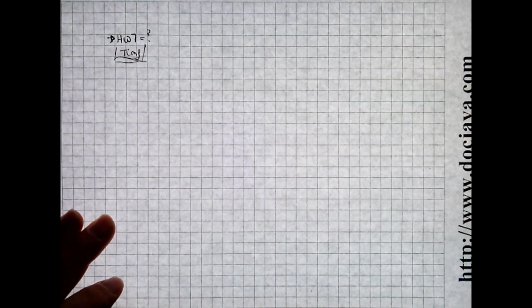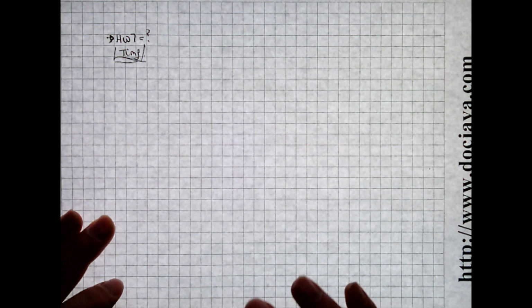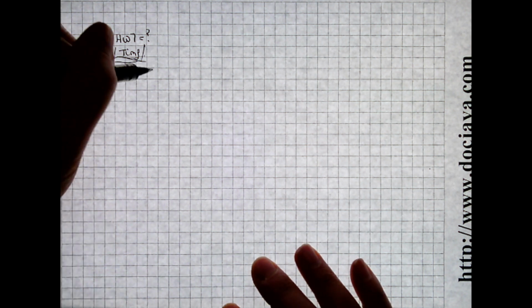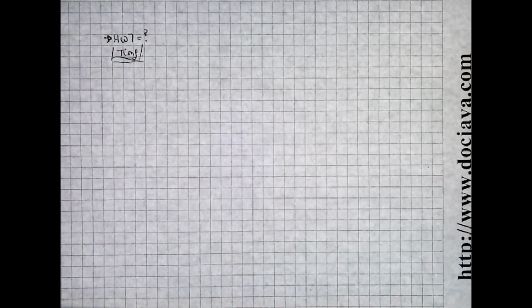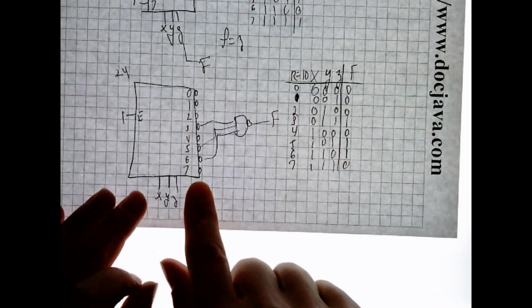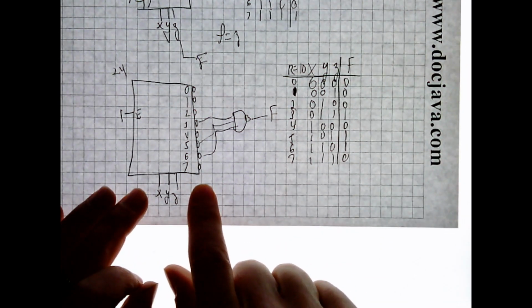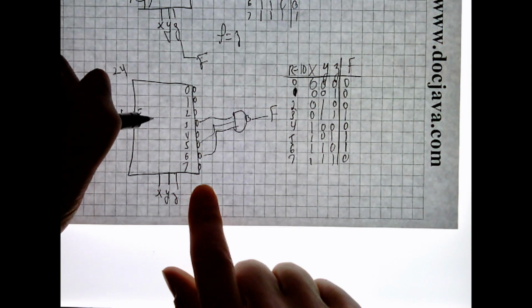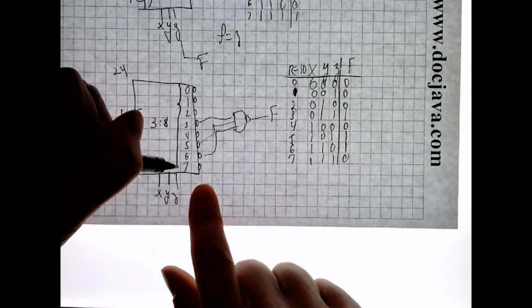Sure. 24 is a 3 to 8 line decoder. Let's see. So there's 24. That's a picture. And this is a 3 to 8 line decoder. And you can see it's an 8 line output.